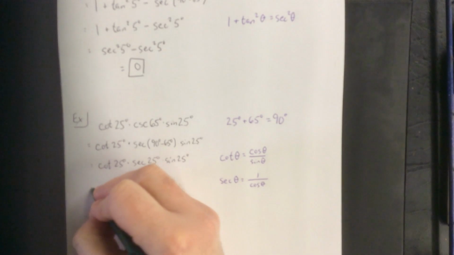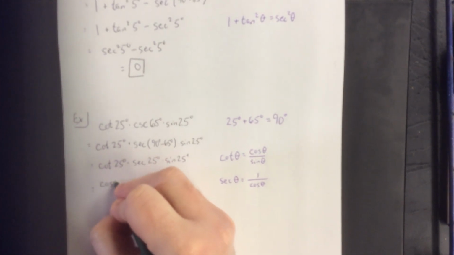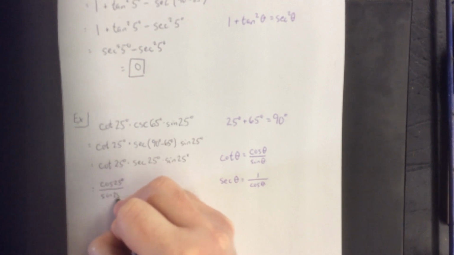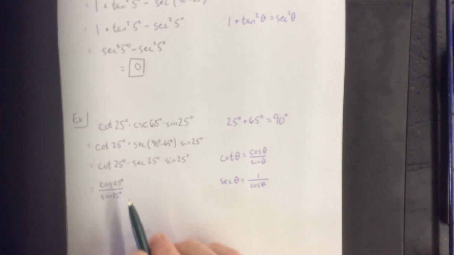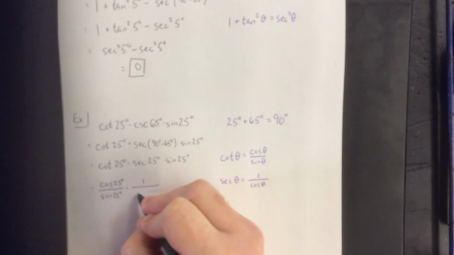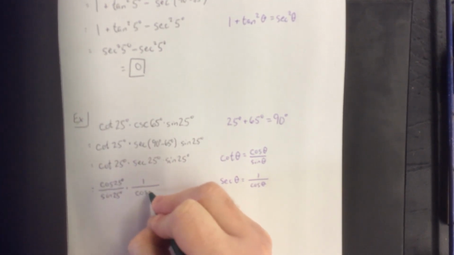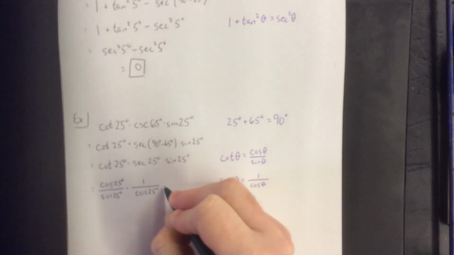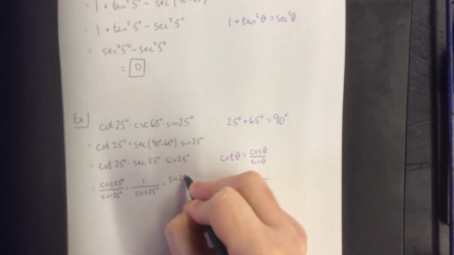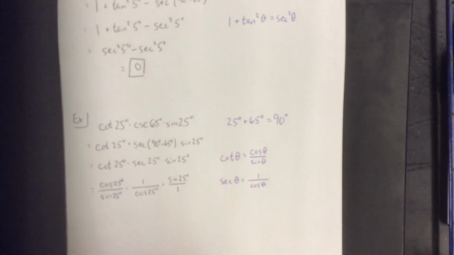So cotangent, I'm going to express as the cosine of 25 degrees divided by the sine of 25 degrees. Got to copy the angle in both the numerator and the denominator. Times secant, we just said, by the reciprocal identity, is 1 over the cosine of 25 degrees. And because it feels left out, I'm going to express the sine of 25 degrees as a fraction as well.